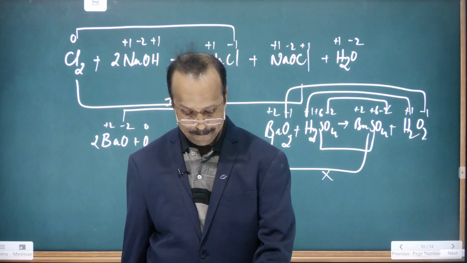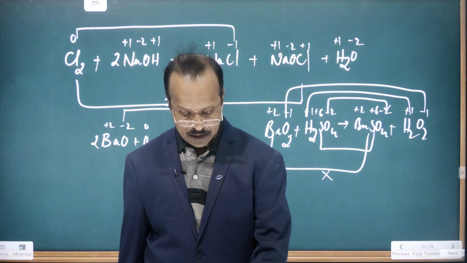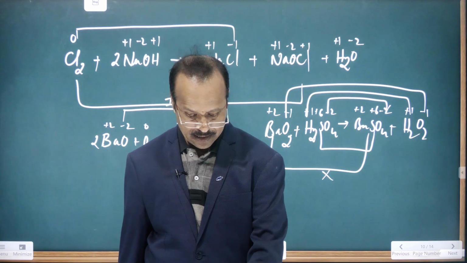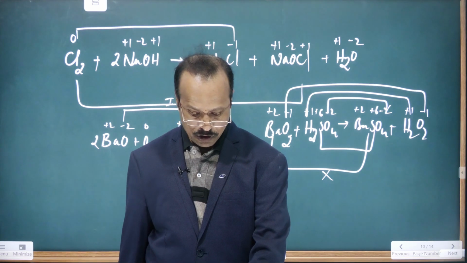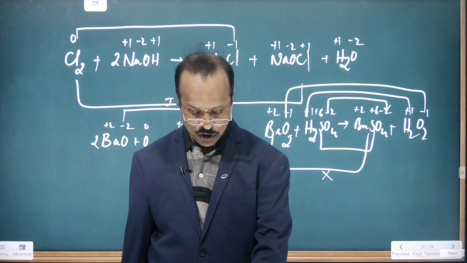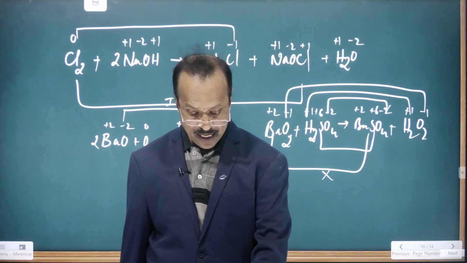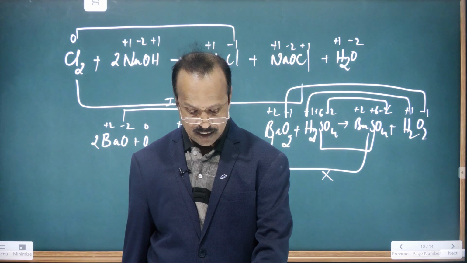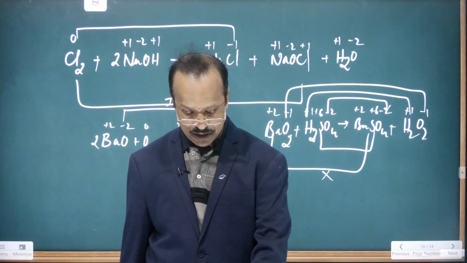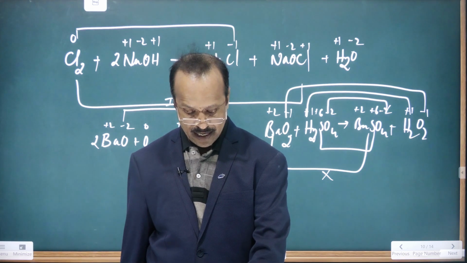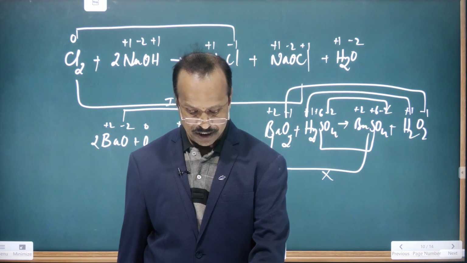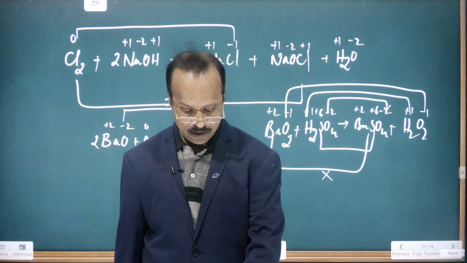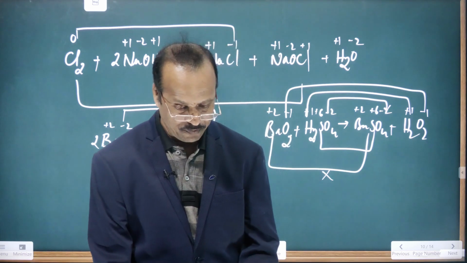Chromium, no, this is wrong. And this one, arsenic, As, and nitrogen. So see students, in the fourth one, arsenic is exhibiting the +3 oxidation state, and in the next one it is exhibiting another oxidation state. I'll write it, you may not understand if I say it like this.